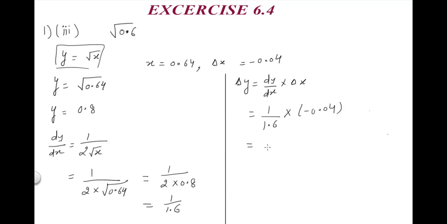We will get minus 0.025. Now we know delta y, we know y, so the answer will be y plus delta y. y is 0.8, delta y is minus 0.025. Solving it, we get 0.775. So this will be the answer for question number 1, third part.